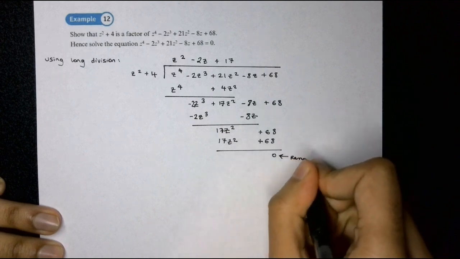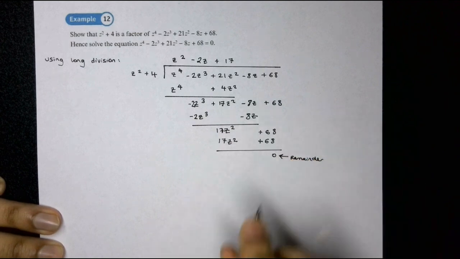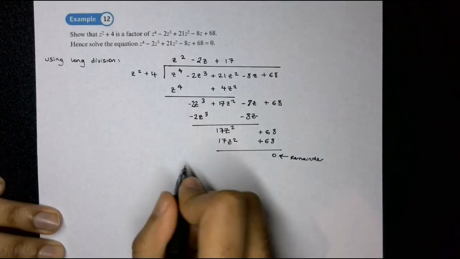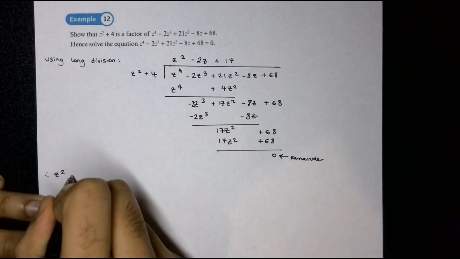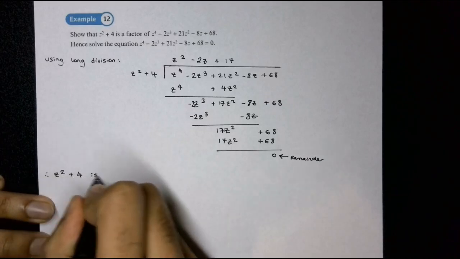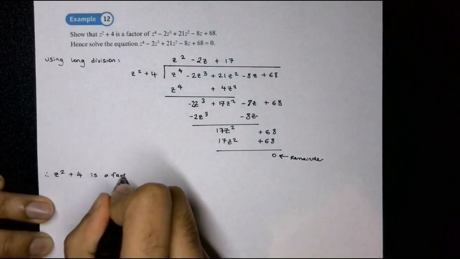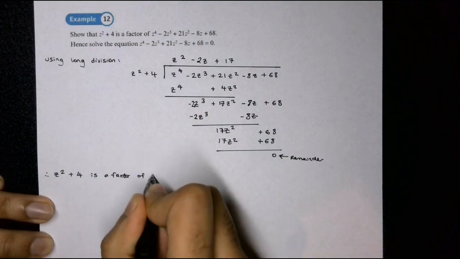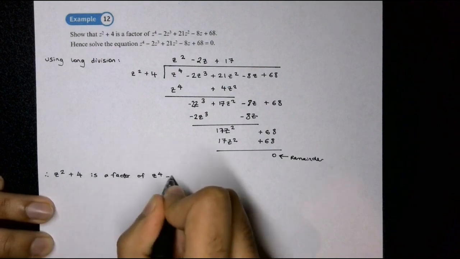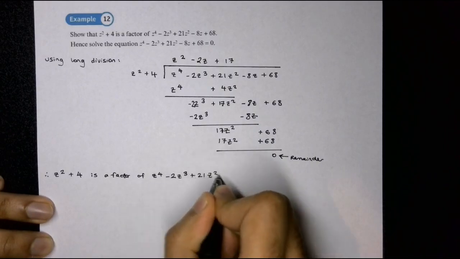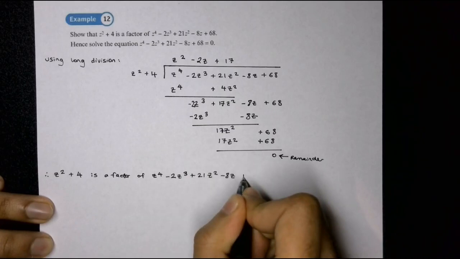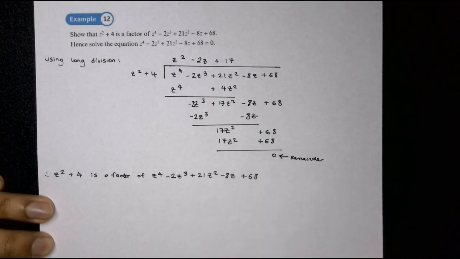So let's just write this down. Because we get a remainder of 0, we can therefore conclude z squared plus 4 is a factor of z to the 4 minus 2z cubed plus 21z squared minus 8z plus 68.